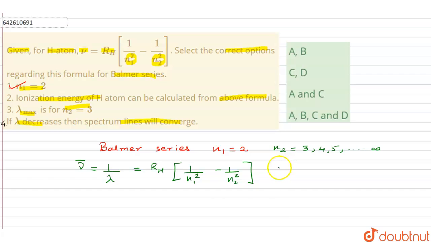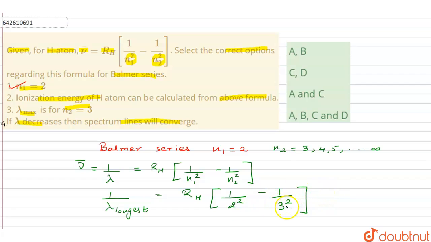Which means that the longest wavelength would be calculated when N1 would be equal to 2 and N2 would be equal to 3, the immediate one, isn't it? So 1 upon the longest wavelength would be equal to, let me put the direct value, 1 upon 2 square minus 1 upon 3 square. So this would give me the longest wavelength.